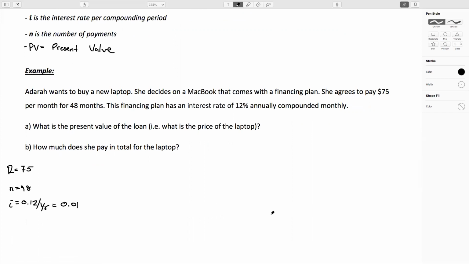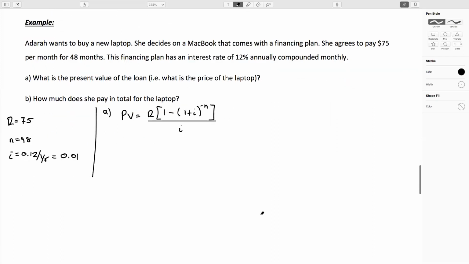All right, so we'll write the formula. Present value equals R times 1 minus 1 plus i to the power negative n, all divided by i.